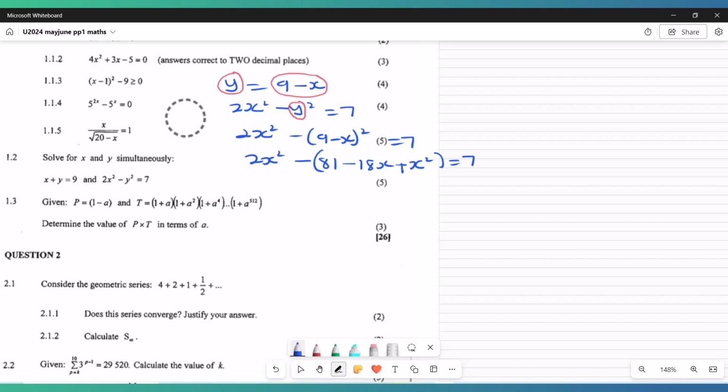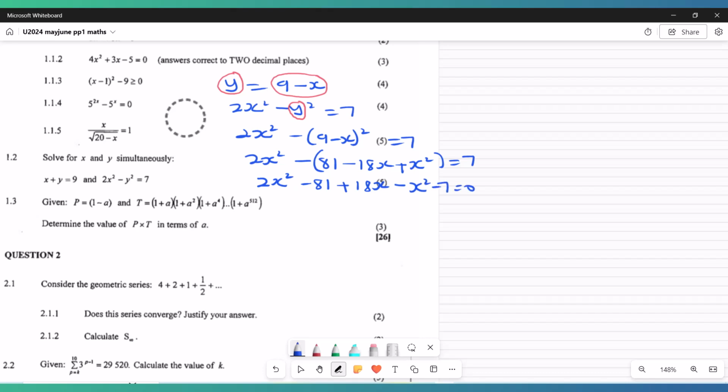So if I check properly here, I'm going to have 2x squared minus 81, then plus 18x, then minus x squared, and then minus 7 equals 0.